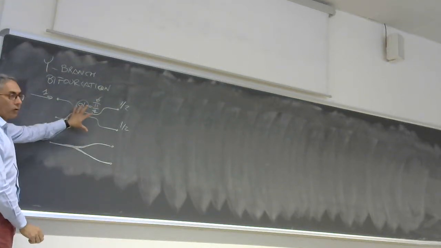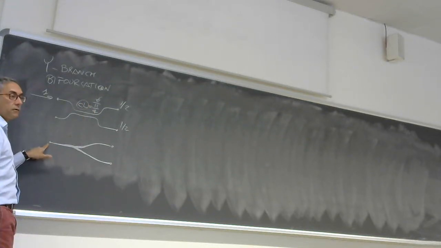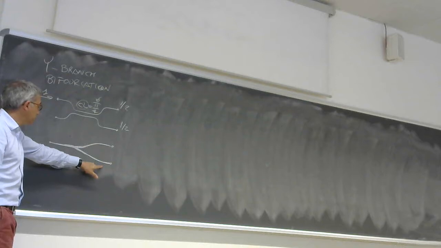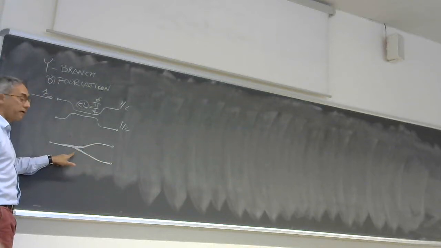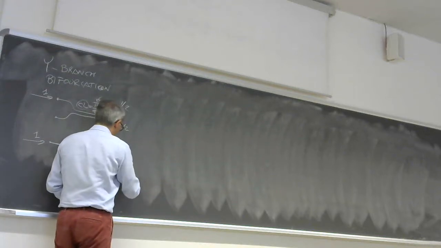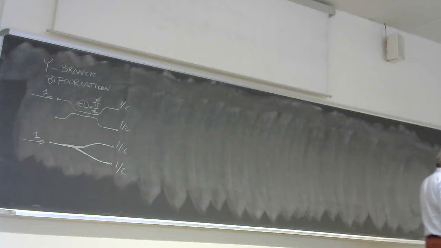If you want to do this job, you can use this device. You have one input, so you don't need the second input here. You have the two outputs. If this one is symmetric, you enter from here and you get out from these two, splitting the power in two.